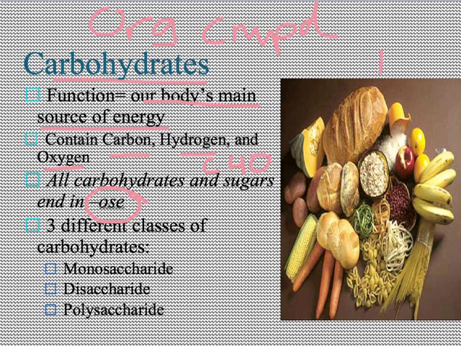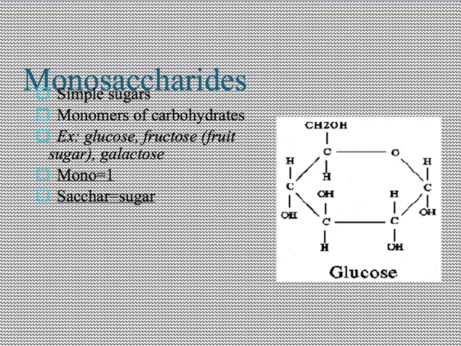And here are some food examples. We got our breads, our rice, our pastas. Yes, fruit is in this group. Vegetables, potatoes, so on and so forth. So the monomer of a carbohydrate is called a monosaccharide. So mono means one, saccharide means sugar, so it literally means one sugar.